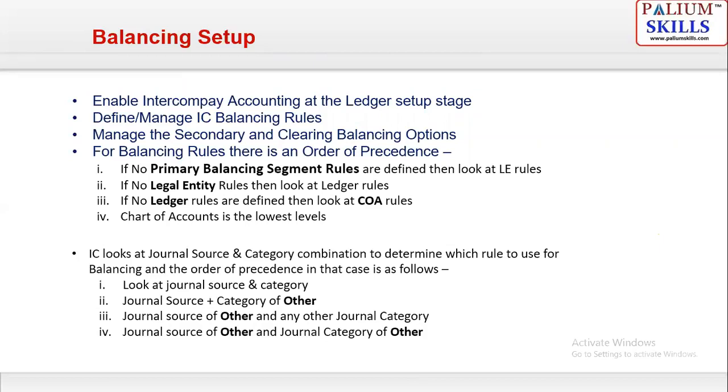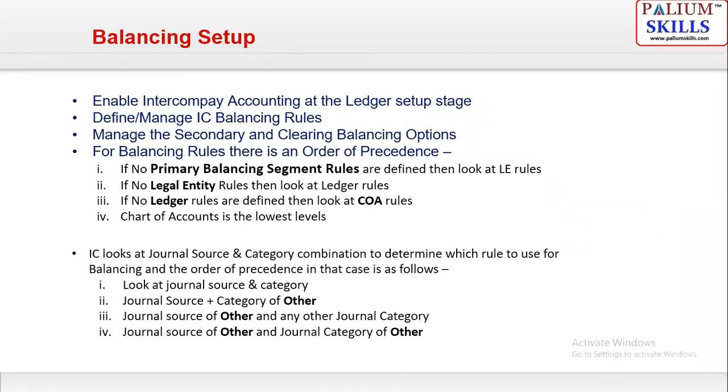Then you define and manage the intercompany balancing rules, which are the different rules that apply for intercompany. Then you manage the secondary and the clearing balancing options, meaning which are the balancing segments.